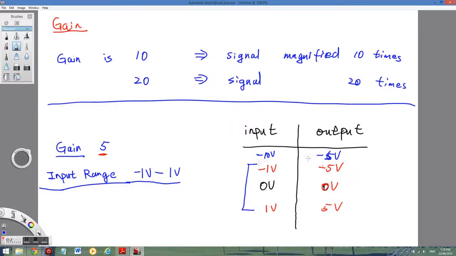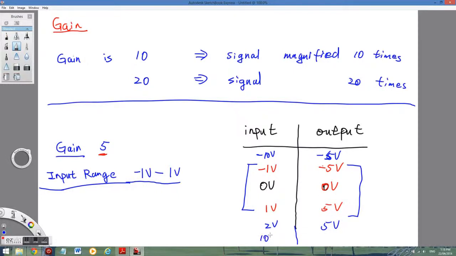However, outside of it, there may be no gain. The gain of 5 rule doesn't apply outside the range. For instance, if I have a 2 volt input, because 2 volt is not in this input range, the output of the amplifier may be just 5 volt, maybe something else, but most probably 5 volt.